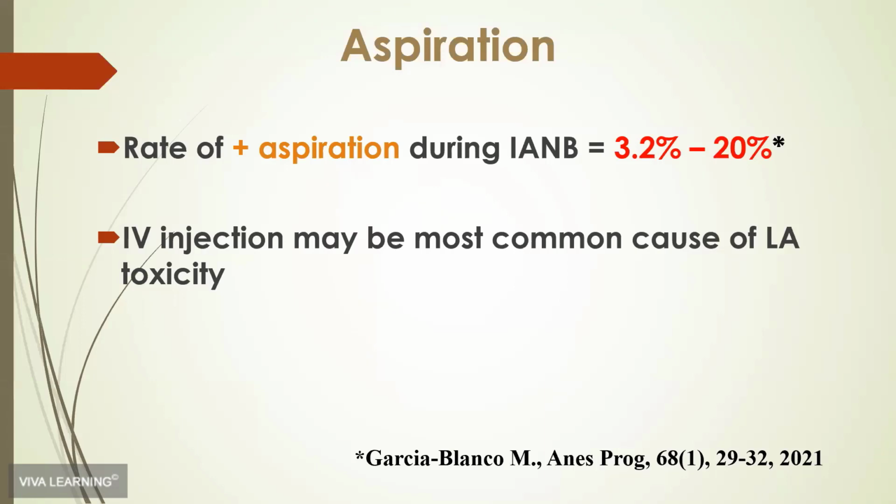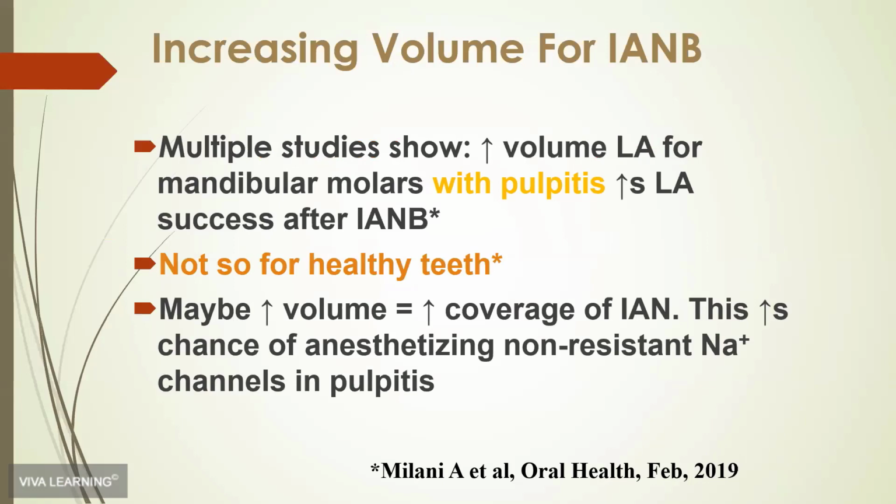So you know now what the rate of aspiration is. It's much lower in other areas of our injection protocols. The inferior alveolar nerve block is one of the more vascular areas that we inject into, especially lower down in the pterygomandibular triangle area.